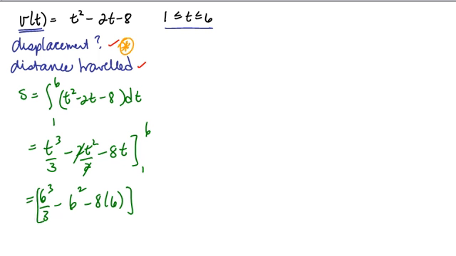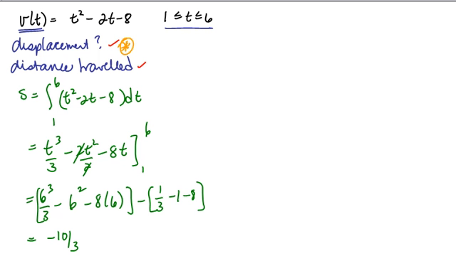There's my function evaluated at 6. And then I'm going to subtract it. I'll evaluate it at 1. And if I do that, you get a displacement of negative 2/3. So that means that I have a displacement of negative 2/3 between 1 and 6.